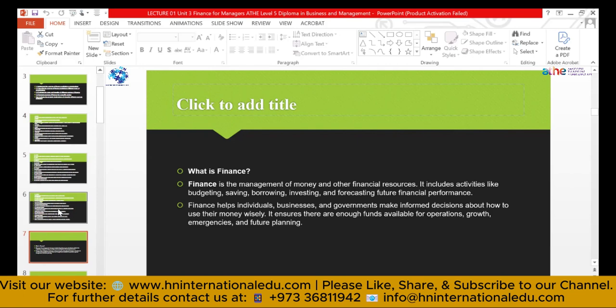Then finance helps individuals, businesses, and governments make informed decisions about how to use their money wisely. It ensures that there are enough funds available for operations, growth, emergencies, and future planning. That is, sometimes there is literally a natural catastrophe, and we need to use up the reserves. So we must have enough money at the back as well.